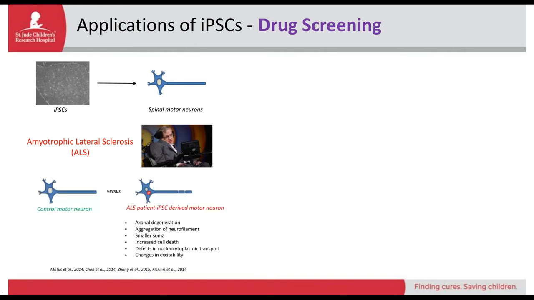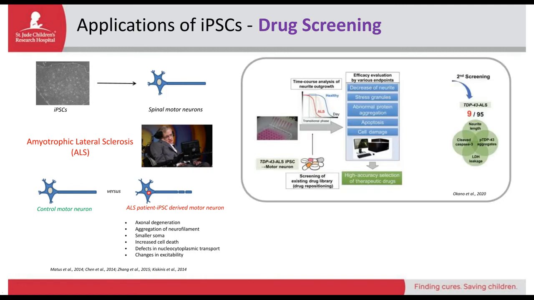Now, all of these labs also derived spinal motor neurons from control iPSCs and from ALS patient-specific iPSCs, and looked at the properties of these two neuronal populations. And they were able to identify a bunch of phenotypic features that were quantifiable endpoints to essentially assay the disease phenotype or the severity of the disease. Now, based on this information, a study was done a couple of years back where the authors did a high-throughput drug screening.